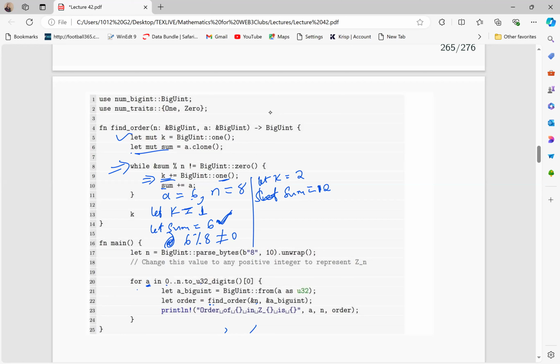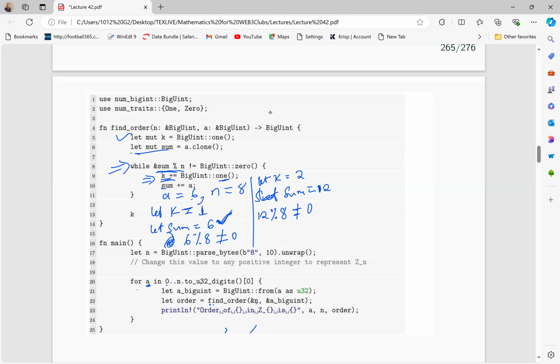Now, since the sum is now 12, we test this again. The sum, which is 12, on division by 8, our N, the remainder is not equal to 0, because the remainder here will be 4.